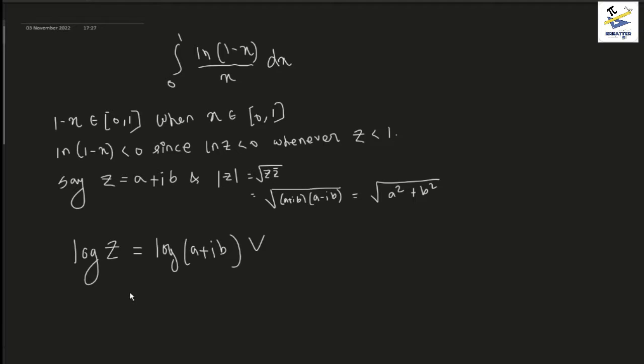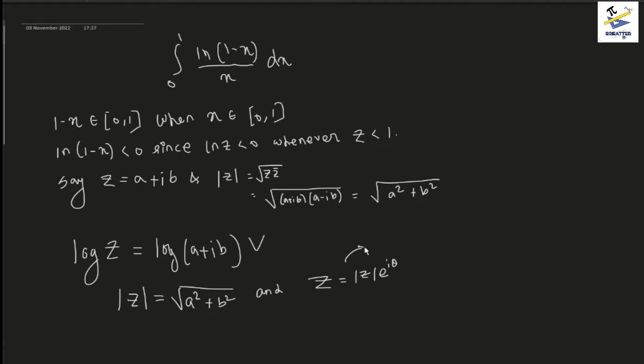This means that we have, since mod z is equal to, and z equals mod z into e to the power I theta.